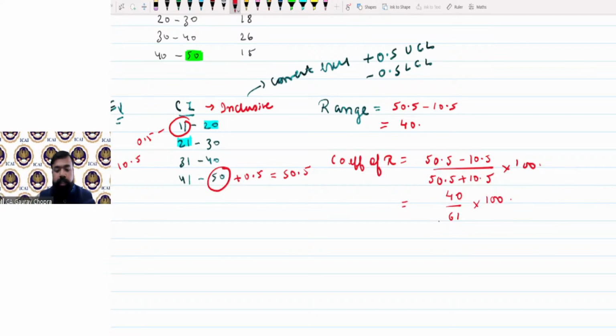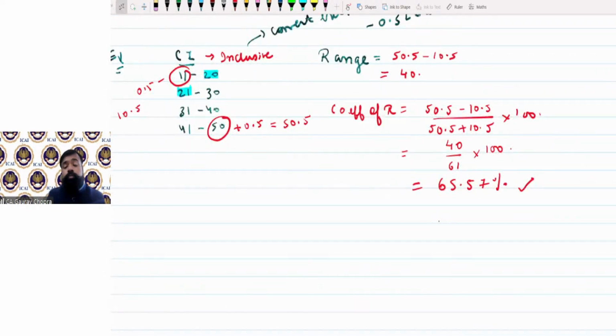The answer is 65.57%. This will become the coefficient of range.